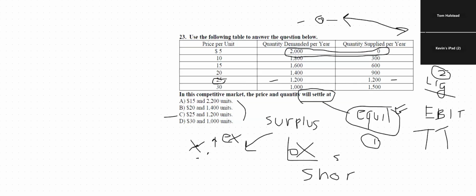You read across $15 and get 1,600, right? So that's the quantity demanded. So you're saying the quantity demanded is 1,600 units, and what is the quantity supplied? Oh, 600. Yeah.